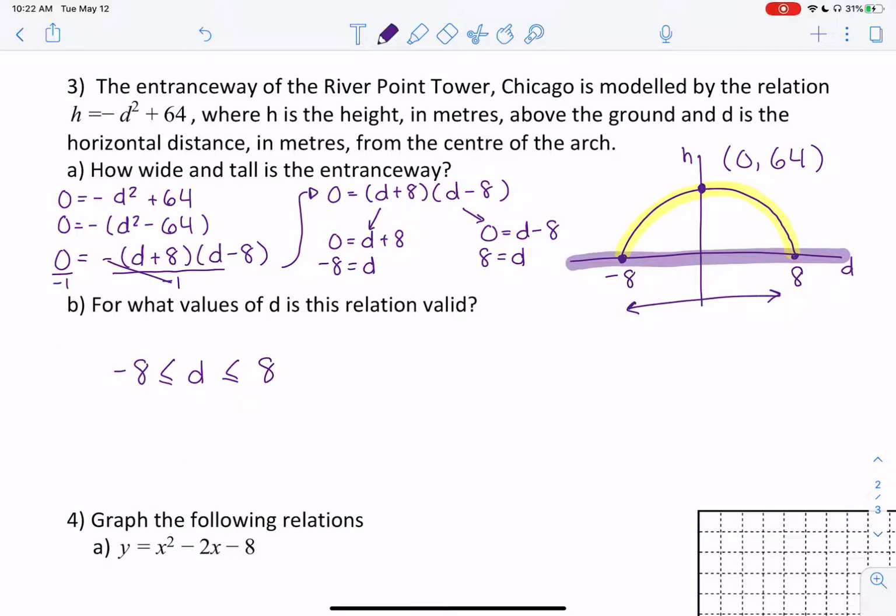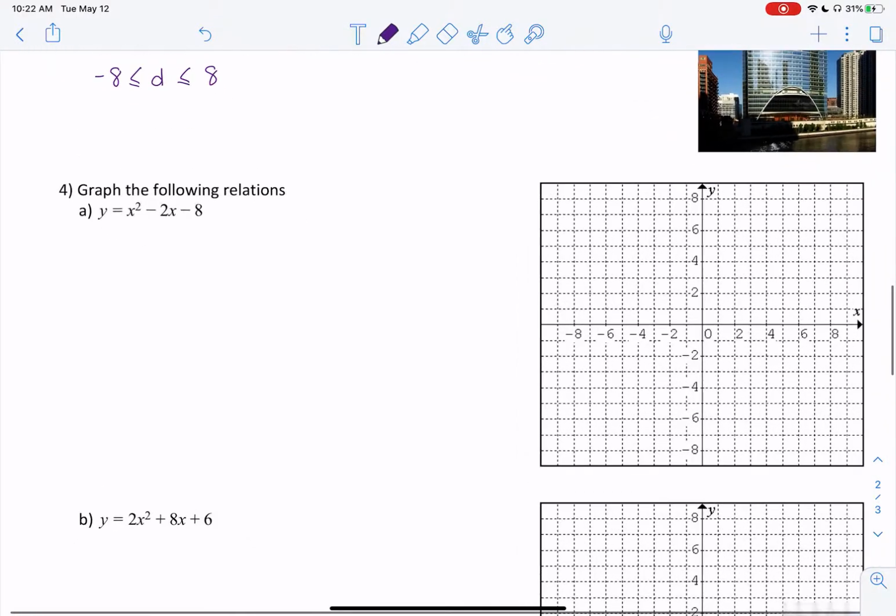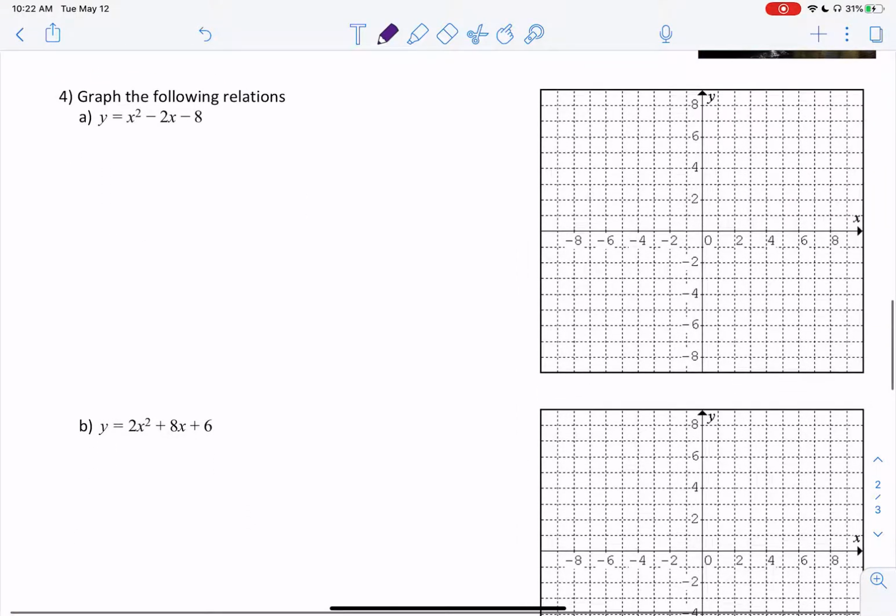Okay, so we'll do one more together and then I'll have you do one on your own and you can check the answer. So for this one, we're going to factor these and we're going to graph them using the zeros. So this first one here, we have y equals x squared minus 2x minus 8. So the first thing we're going to do is find the zeros.